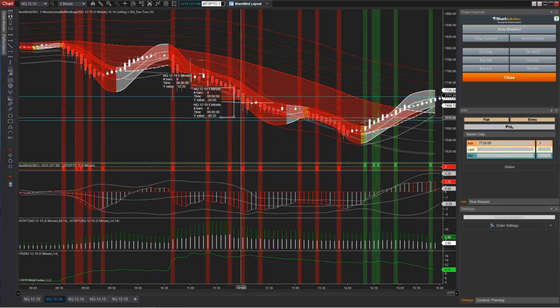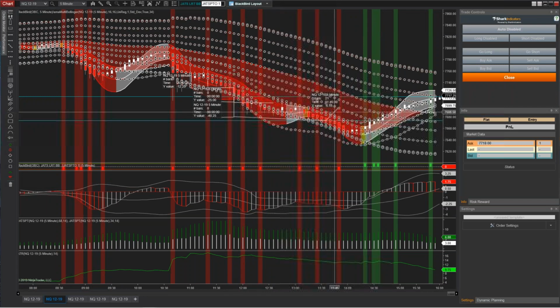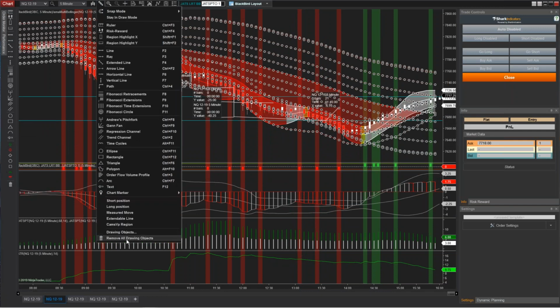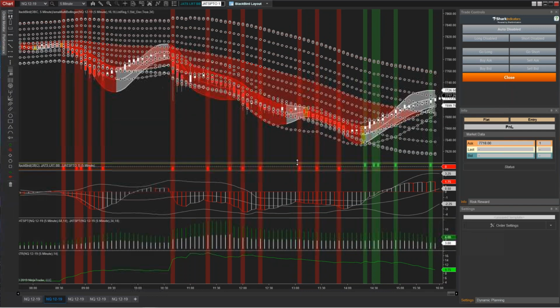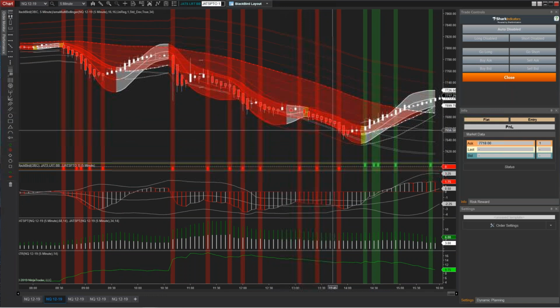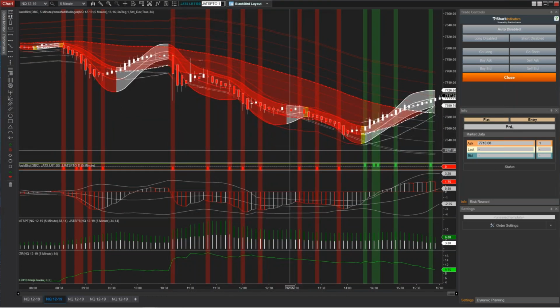So thereabout, and you see that it did get the target, but much later because it needed to continue. Oops. Let me get all these maps off just a second. Okay, so it did get the target, but much later in the session, because that was a much larger trade.